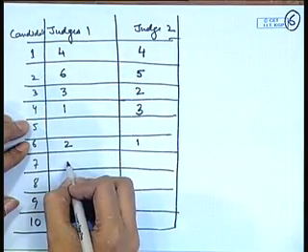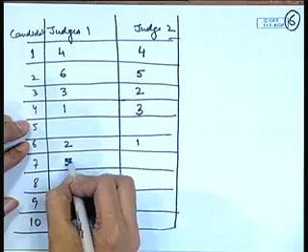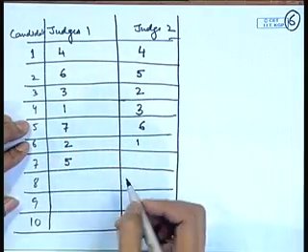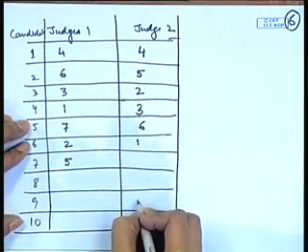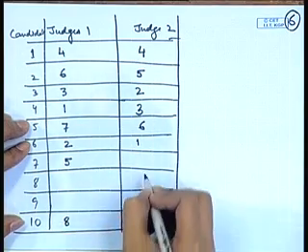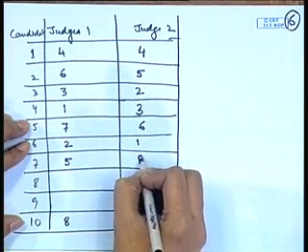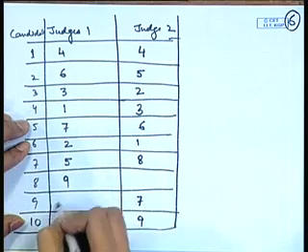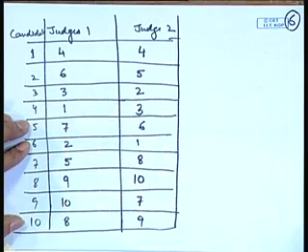Candidate number 7 may be 5th here, 6th here. This may be 7th here. This may be 7th here. Maybe this is 8th, this could be 8th here. This could be 9th here. Maybe this is 9th. This is 10th. This is 10th.